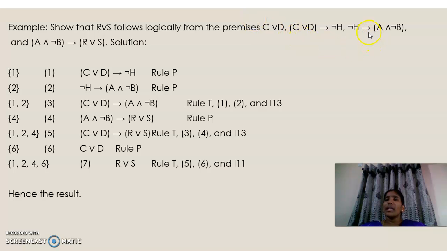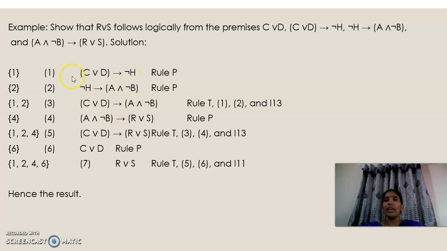And next premise I can take negation H conditional A and negation B. This is also a given premise. That's why you have to write down rule P. And by using rule I13, C or D conditional negation H, negation H conditional A and negation B, simply you can write C or D conditional A and negation B. Okay, this is rule T. By using these two, you write this one.